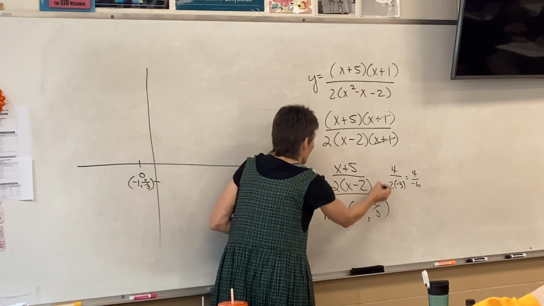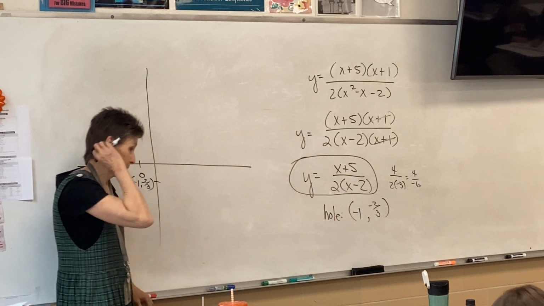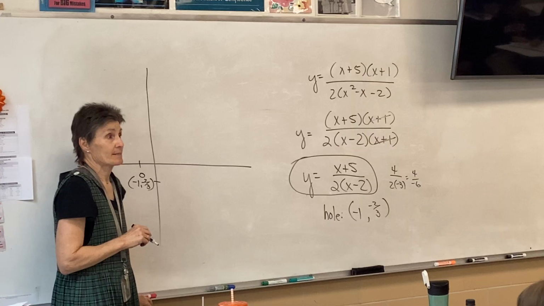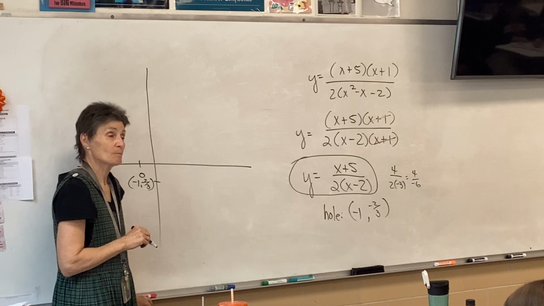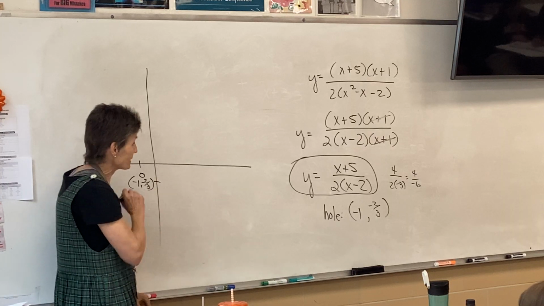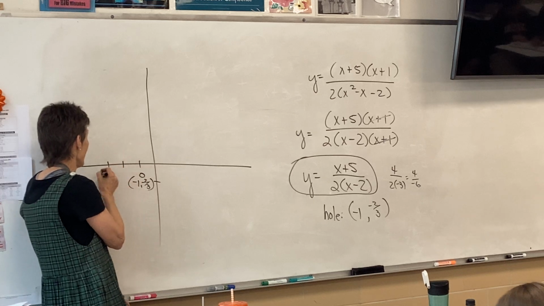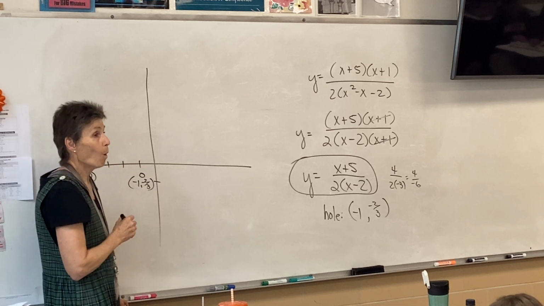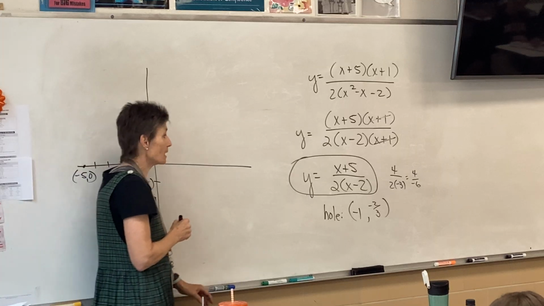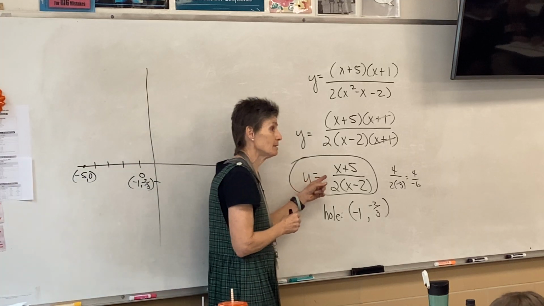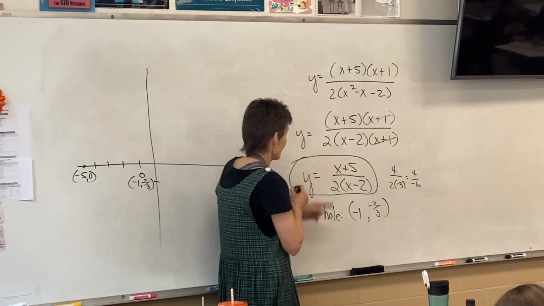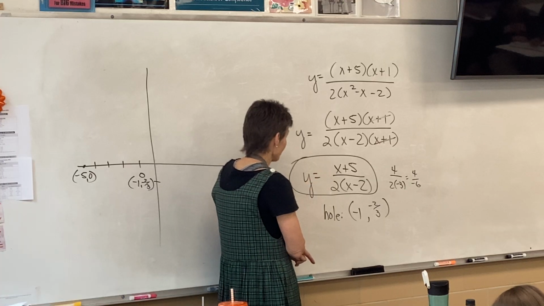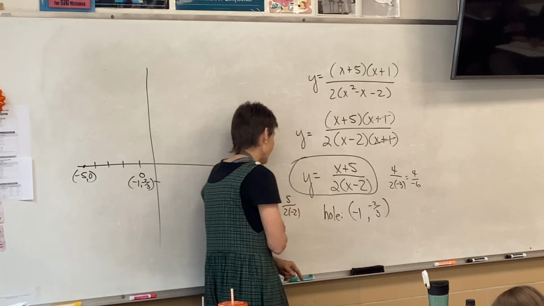Now, this is what I'm graphing. X-intercept comes from the numerator. So the x-intercept is going to be at -5. Y-intercept comes from plugging in 0. So that would be 5 over -4.